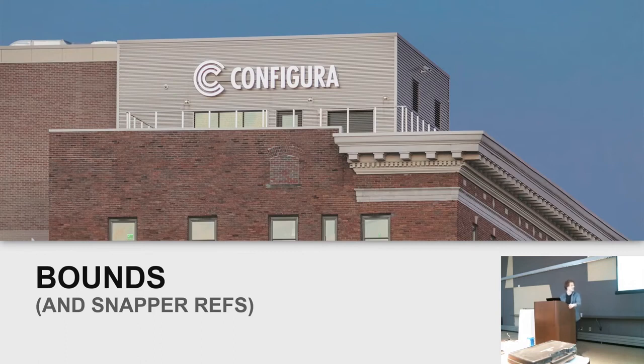And today I will be talking about bounds and snapper references. To preface, honestly, snapper refs are not ready. As of 2 days ago, these were cut out of the presentation because they are still in flux. They are still being programmed. As of 2 days ago, the constructor for this changed and all of their fields changed as well. So they do not currently play nicely with save drawings, favorites, copy system.